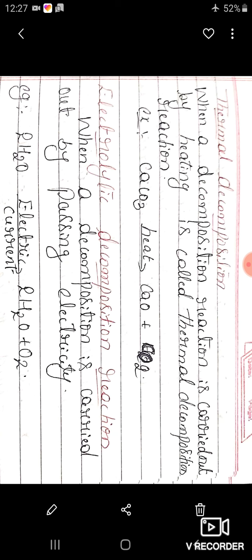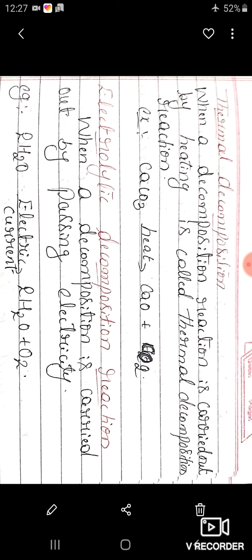For example, when calcium carbonate is heated, it decomposes to give calcium oxide, and carbon dioxide gas is liberated.